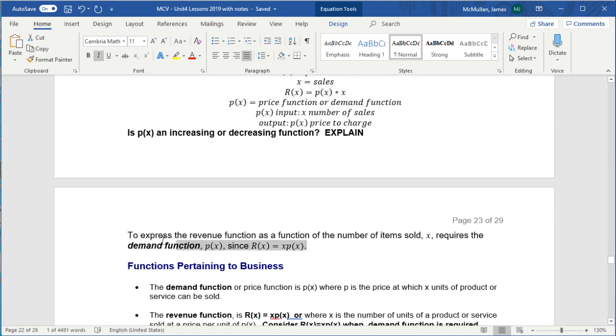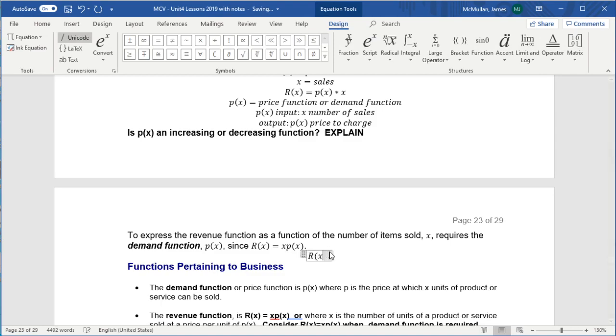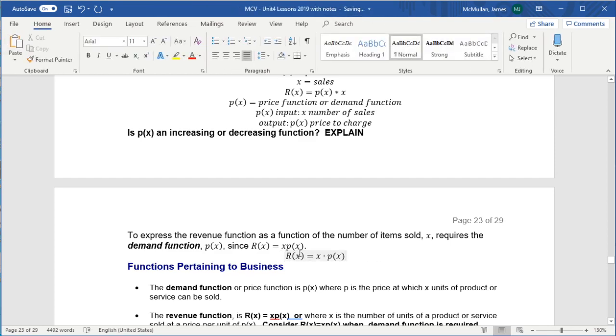And that is why you have this relationship here. The demand function is P of x, and the revenue function is x P of x. Okay, really important idea. The revenue function is x P of x. So getting the revenue is quite easy here, because it's always the same. It's just x P of x. The challenge is, how do you get the demand function, the P of x?